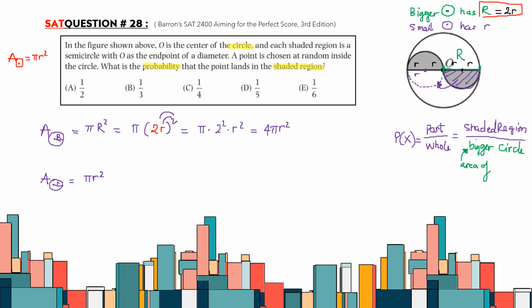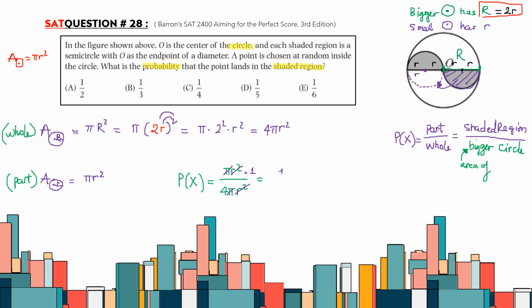Okay, now we already have it. This is our whole part, and this is our small part. Now the probability of landing on the shaded region will be the part, pi r squared, over the whole, 4 pi r squared. Now we cancel the pi, cancel r squared, and what is left is 1.